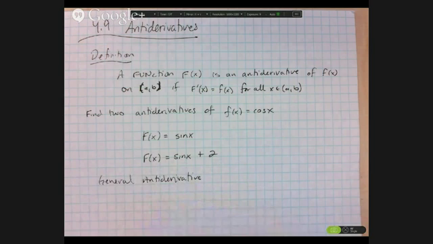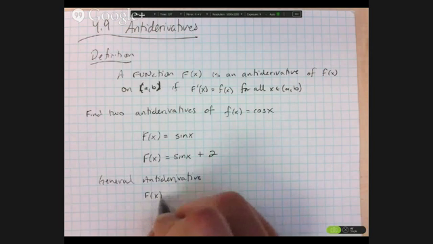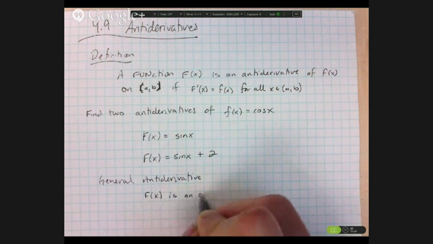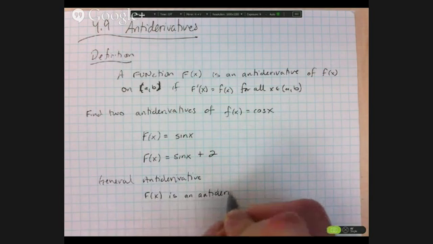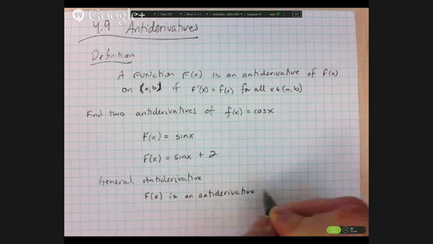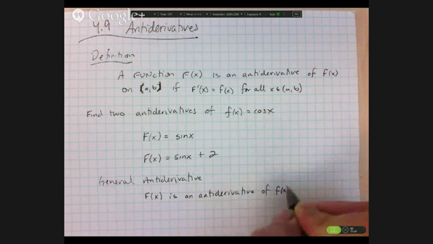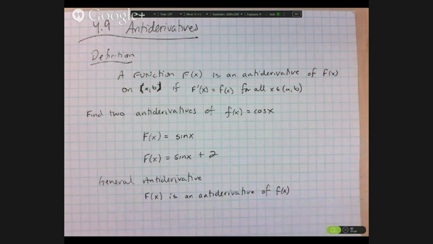Okay, we're going to be kind of floating in space here for a few days. So whatever makes that derivative is the antiderivative? Yes.